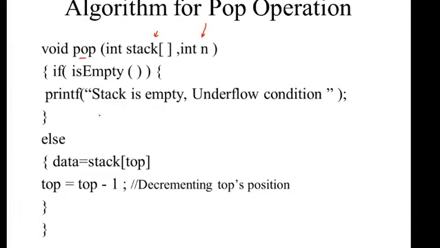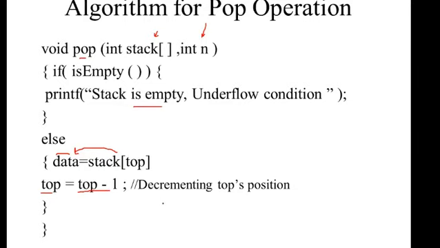If the stack is empty, you cannot delete, but if it is not, then you copy the stack top into a data value so that you can print a statement that the value deleted is data, just showing that you have performed the actual deletion. Then after copying this value, you decrease the top index by writing the statement top = top - 1.